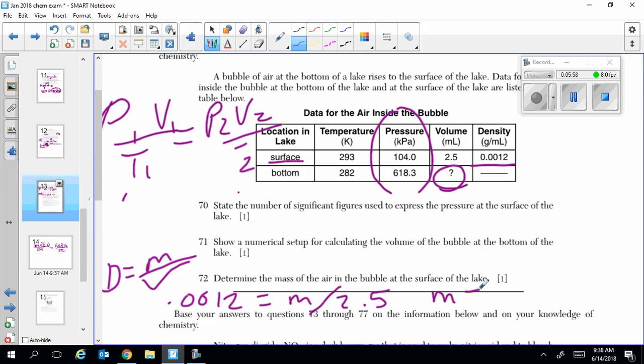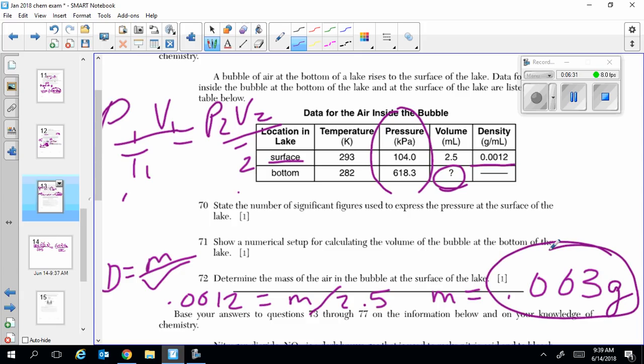So that means m is going to be equal to 0.0012 times 2.5. I get 0.003, and it's asking me for mass, so that is in grams. So that would be the mass.